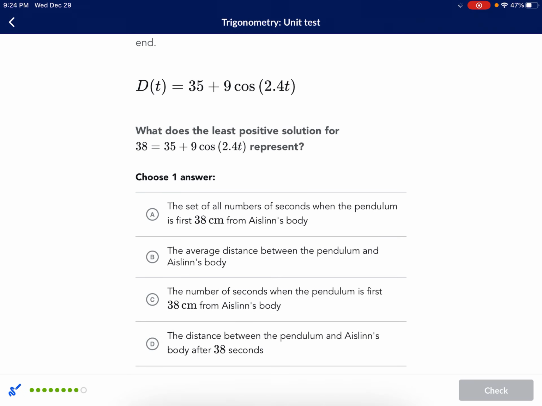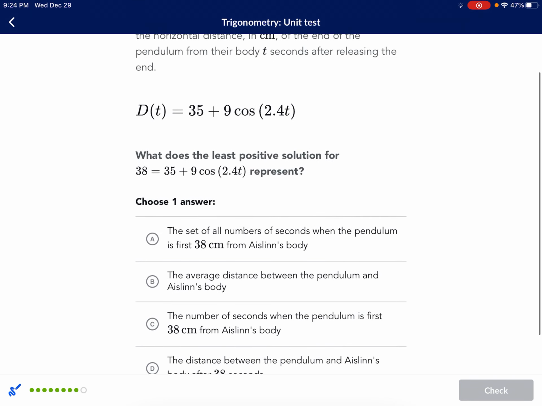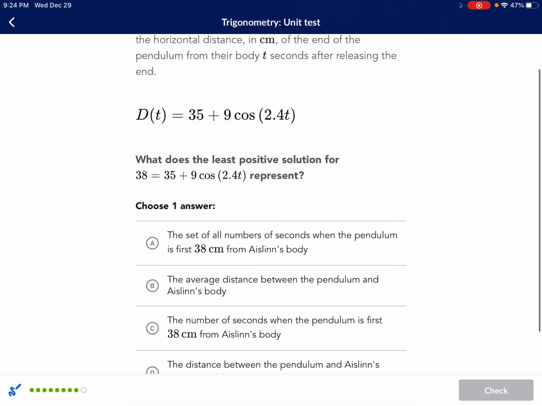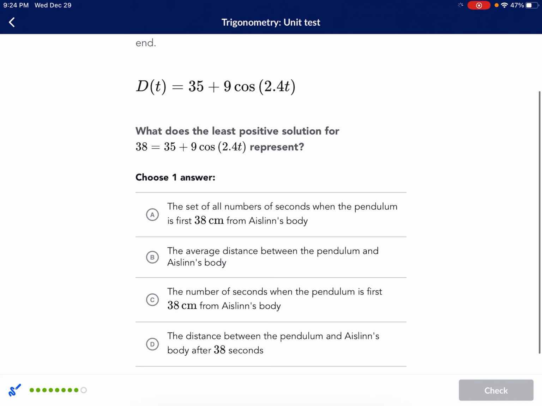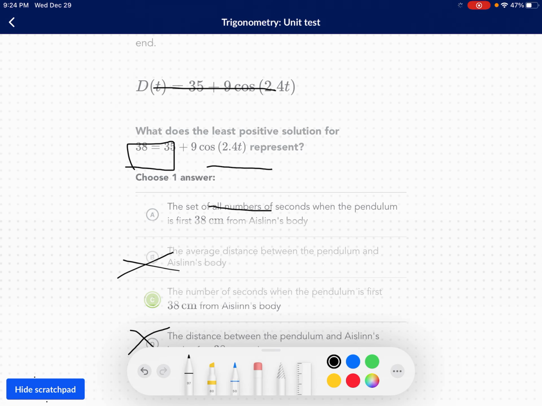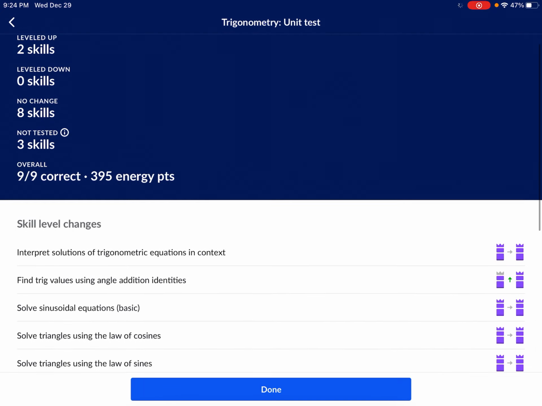We can eliminate that, and this also says distance, because distance is already given. And it says the least positive solution, so it's not all the numbers. It has to be that, because it's the least positive.